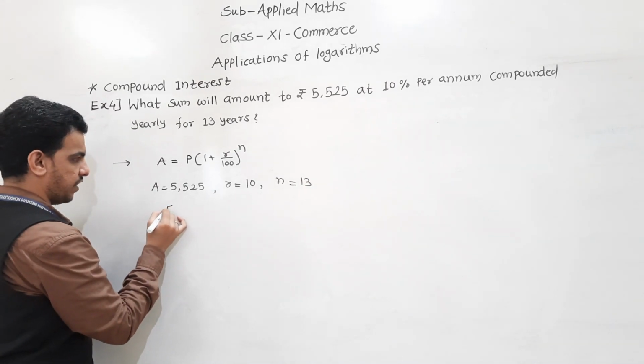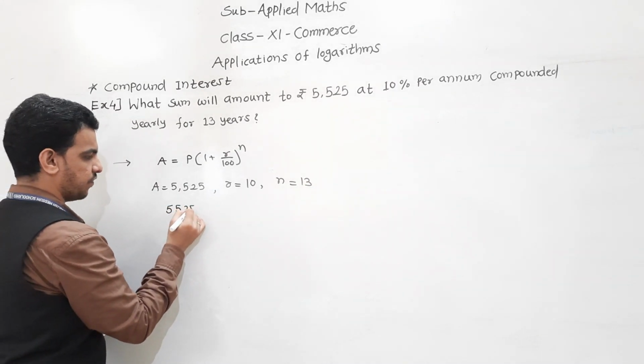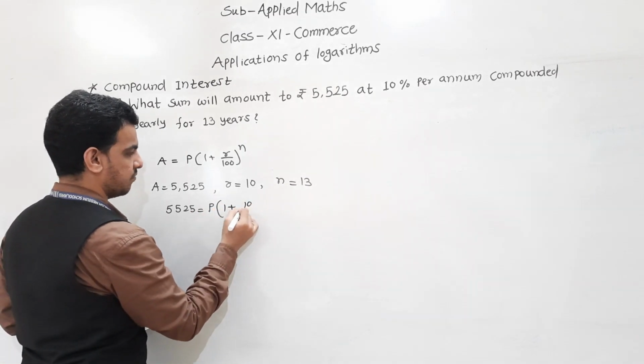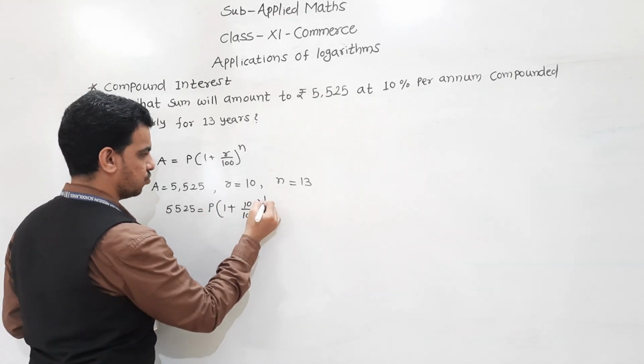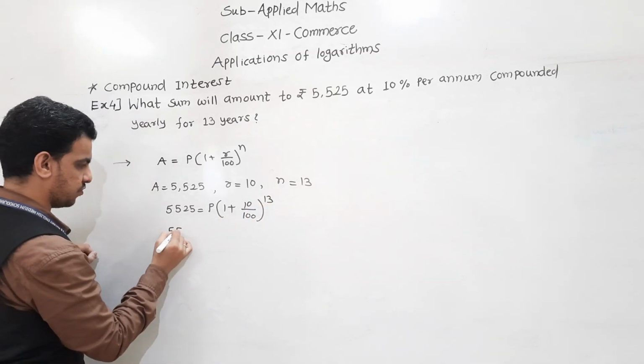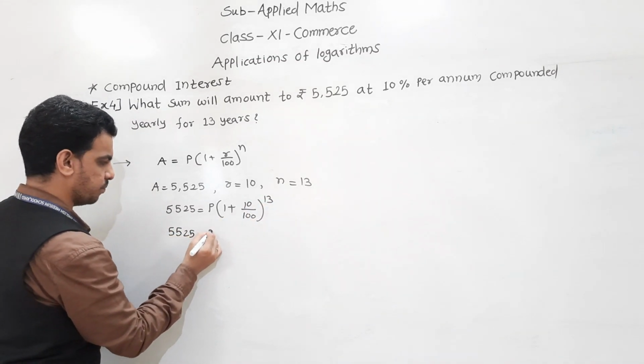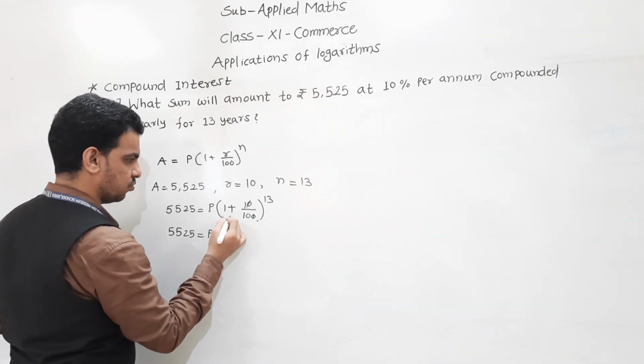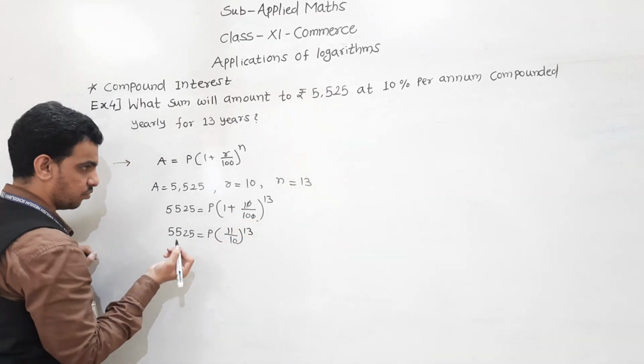So 5525 is equal to P into 1 plus 10 by 100 raised to 13. So 5525 is equal to P into, it is 11 by 10 raised to 13. Now take log on both sides.